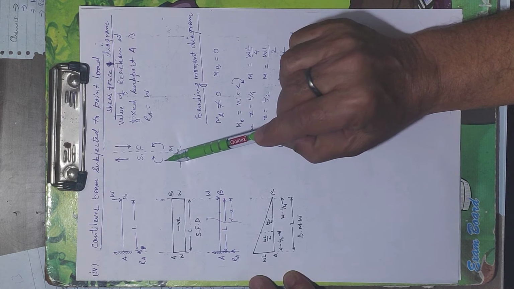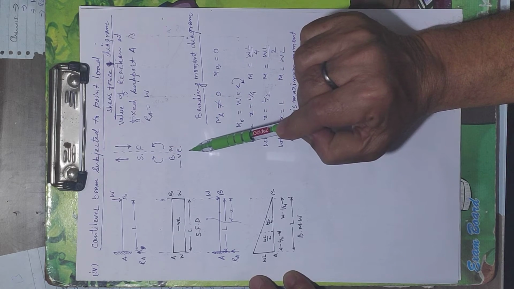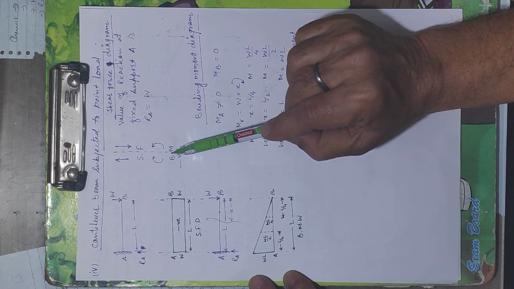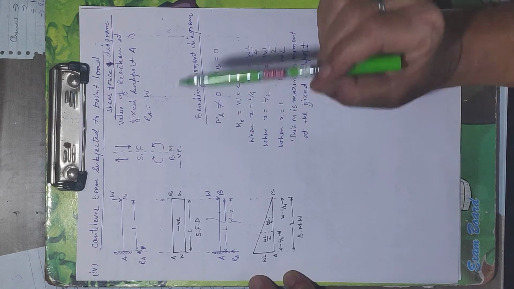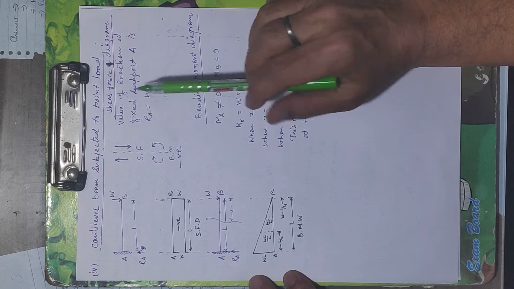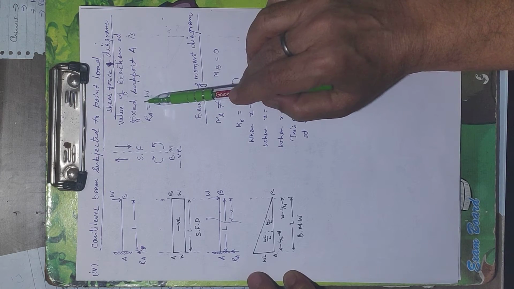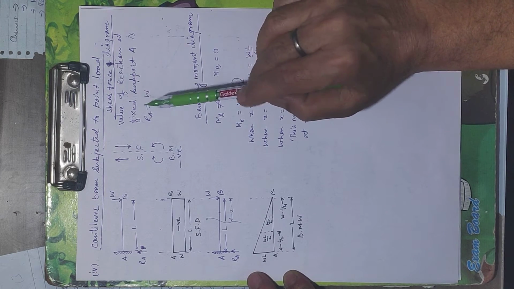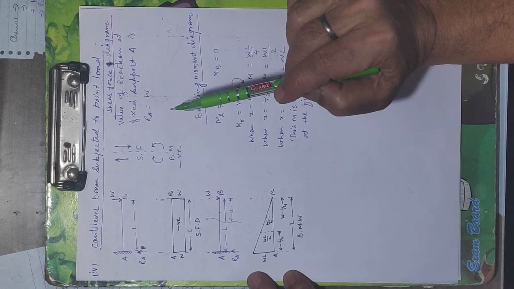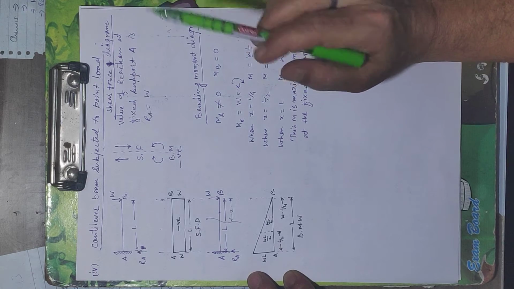Bending moment clockwise on the left side and anticlockwise on the right side would be taken as negative about the section. Now we want to calculate first the values of shear forces and then we draw the shear force diagram.